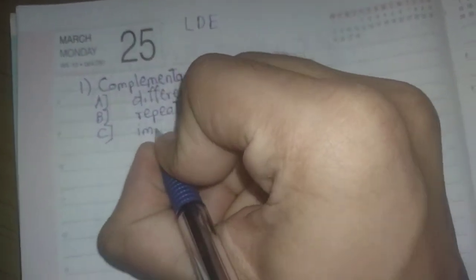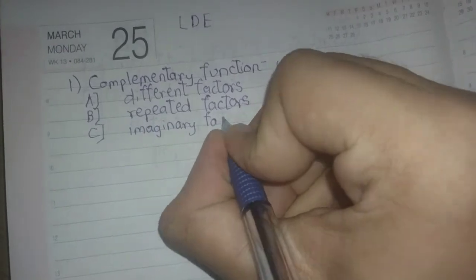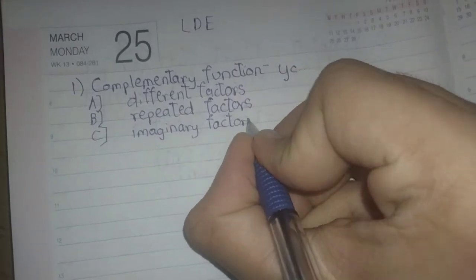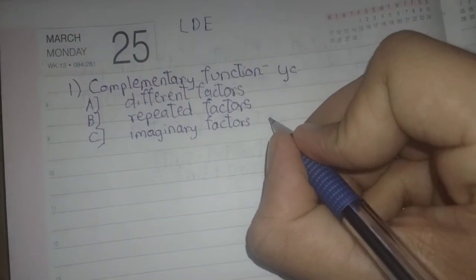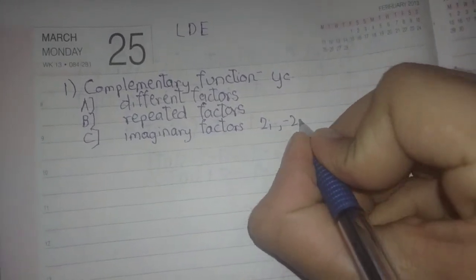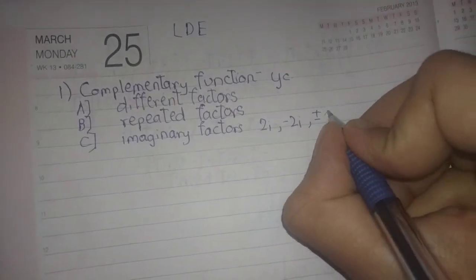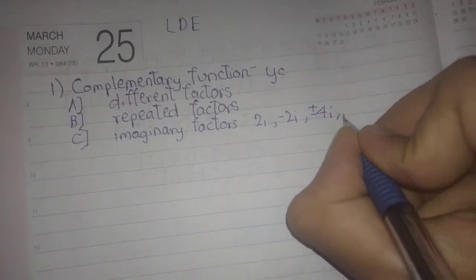It comes in the imaginary factors, like 2i, minus 2i, plus minus 4i, likewise terms.